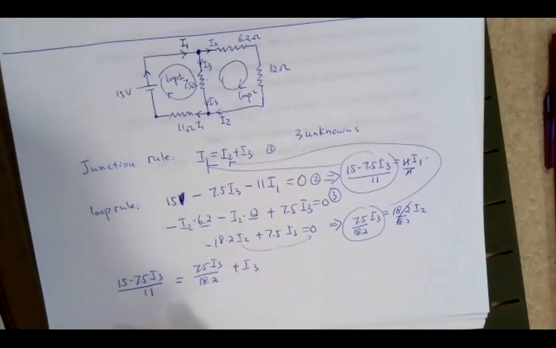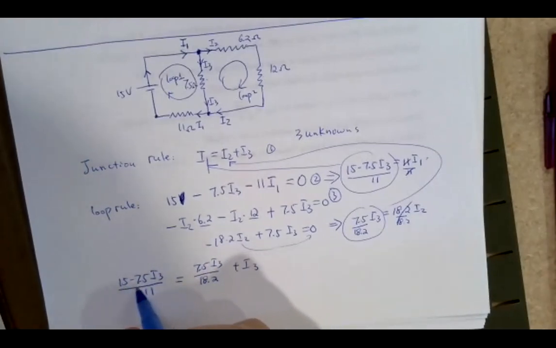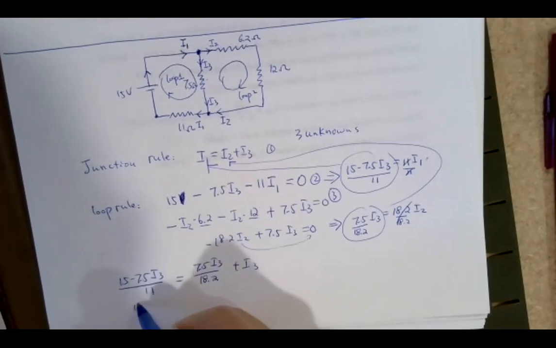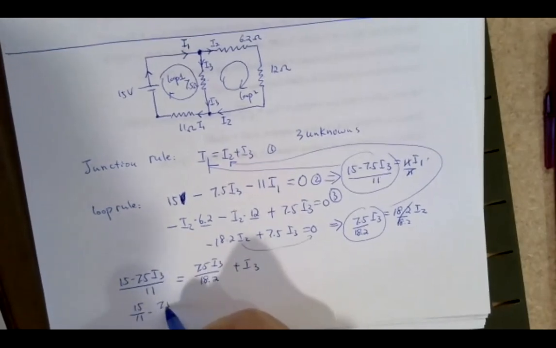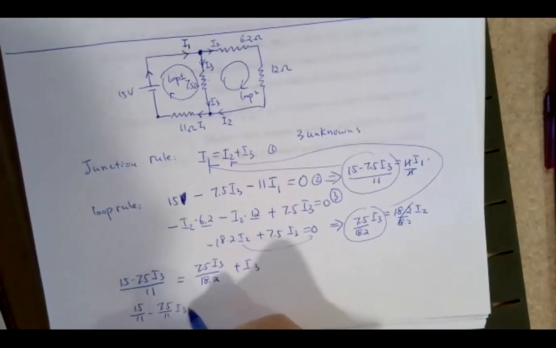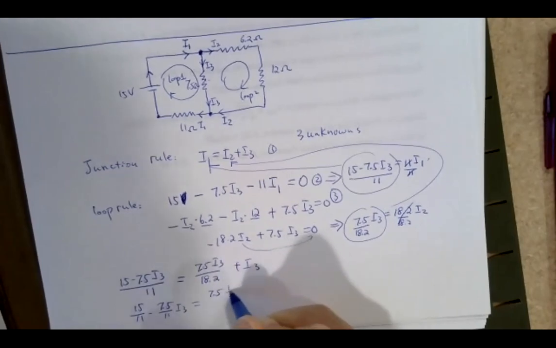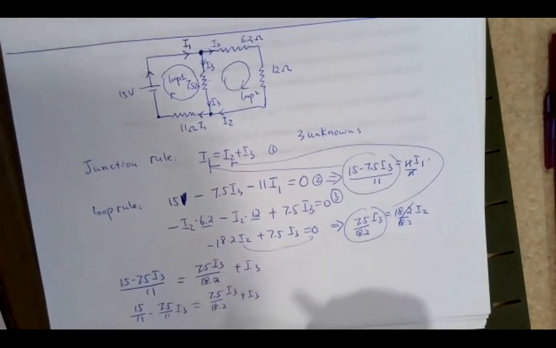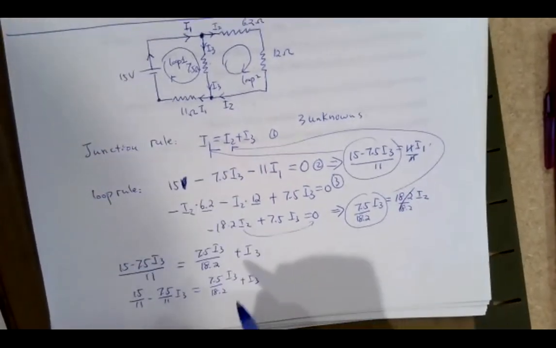Basically, there should be two terms on this side: 15 over 11 minus 7.5 over 11 I3 equals 7.5 I3 over 18.2 plus I3. Then you can isolate I3.